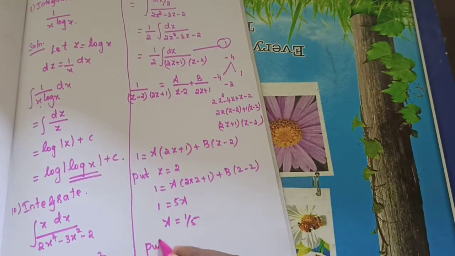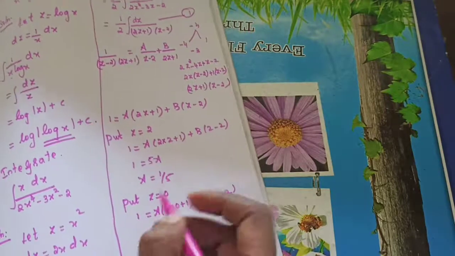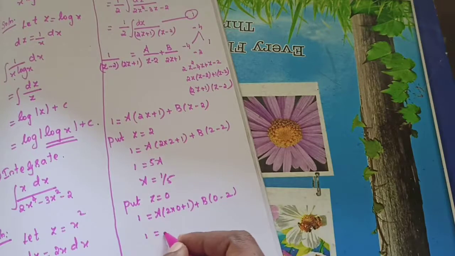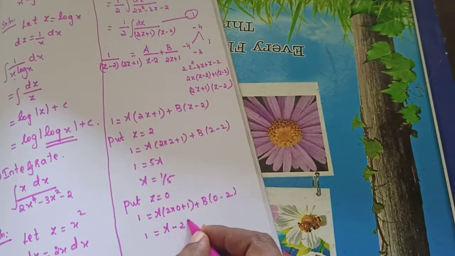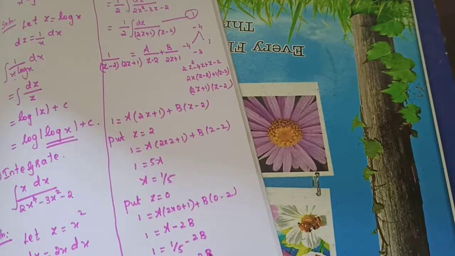Now put another value, z equal to 0. So 1 is equal to A into 2 into 0 plus 1 plus B into 0 minus 2. So 1 is equal to A minus 2B. Substitute the A value: 1 is equal to 1 by 5 minus 2B. Bring this to this side: 1 minus 1 by 5 is equal to minus 2B.